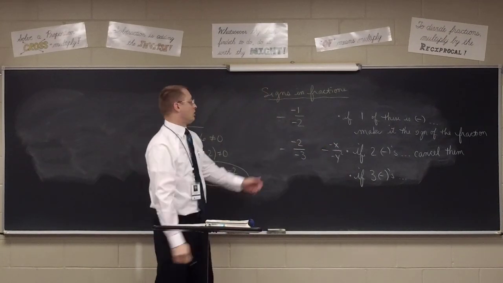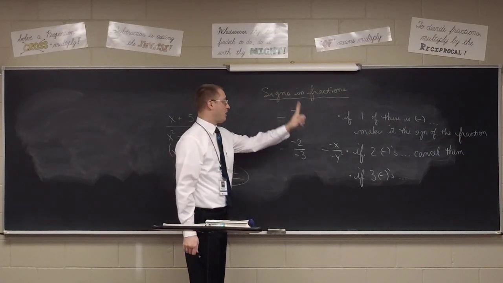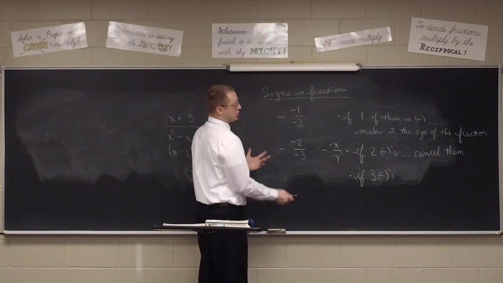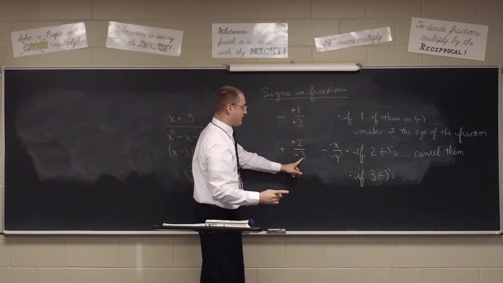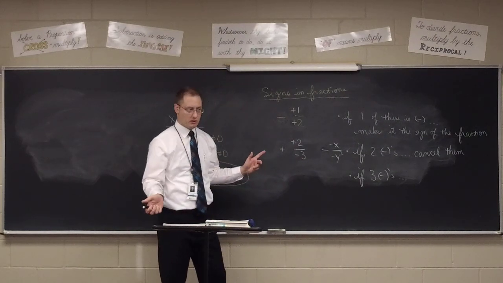Well, right here, negative divided by negative, class, positive. But we have a negative out front, so it stays negative. Basically, you're going to cancel any two of them. I can cancel these two. I can cancel these two, but now I only have one negative that has to move to the front anyway. So which two does it make sense to cancel?